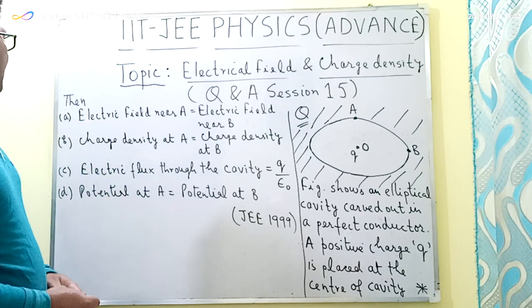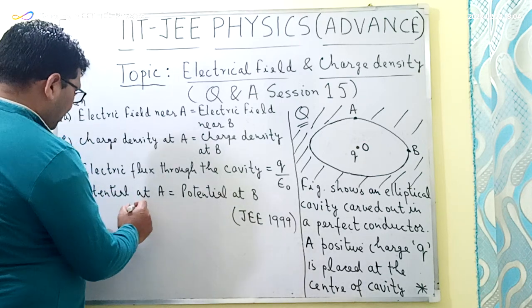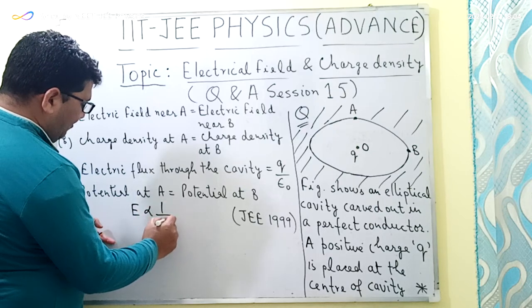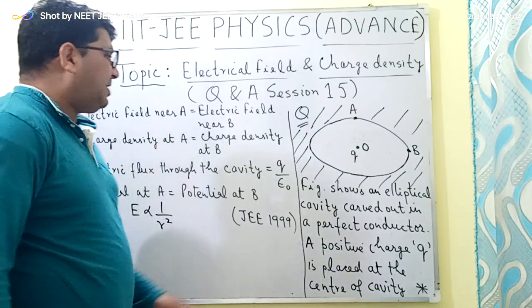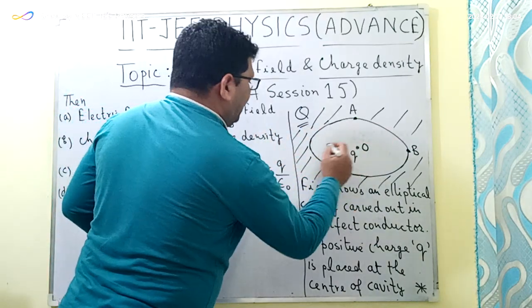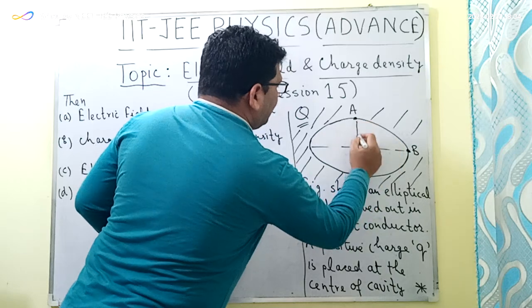So the first option is that the electrical field near A is equal to the electrical field near B. So we know that the intensity of electric field is proportional to 1 upon r square, where r is the distance of that point from the charge. So here, since this is an ellipse, I'm just drawing one figure here like this.